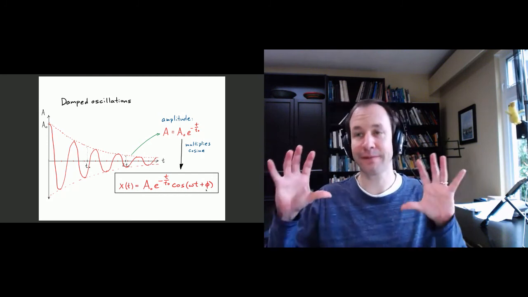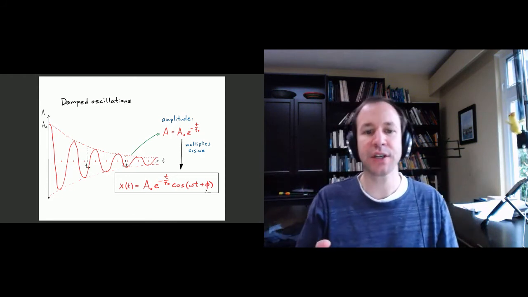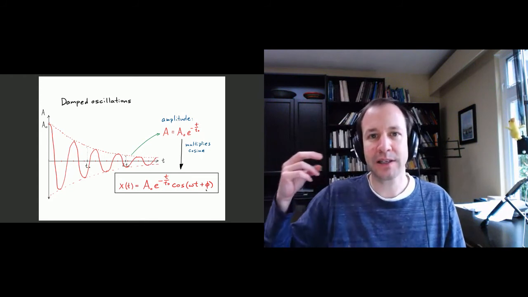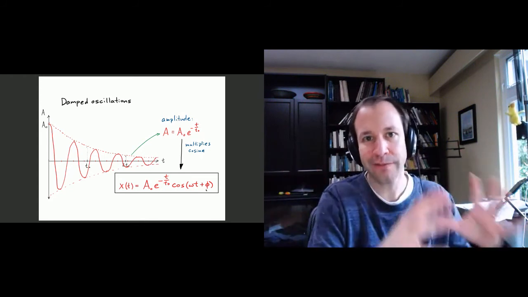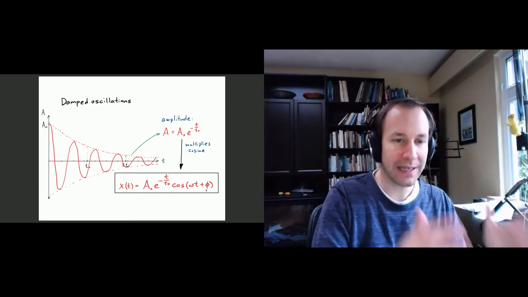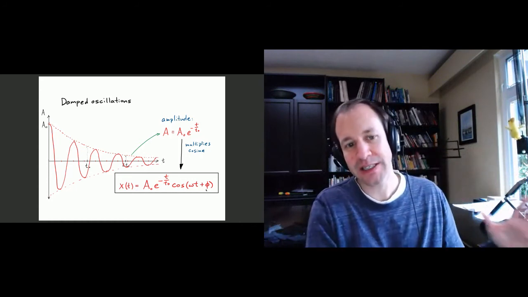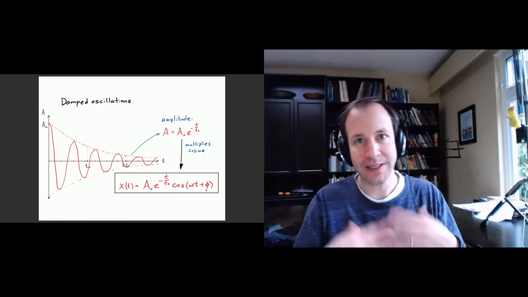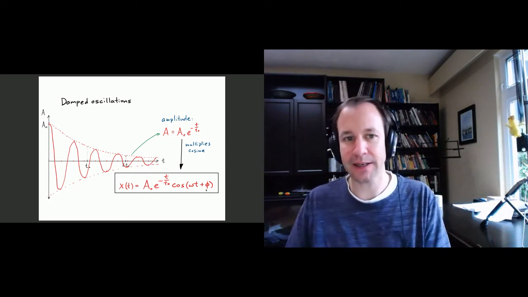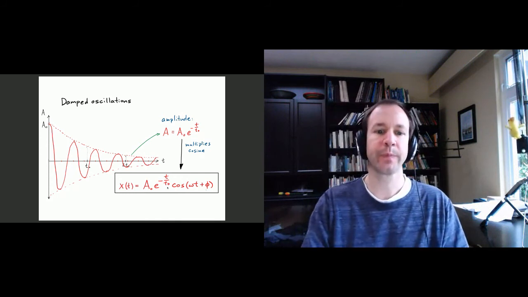That is the final expression, the mathematical representation of damped oscillations. This was assuming that we lose a certain fraction of our energy every equal period of time. So if we lose 10% of our energy in 1 second, then we lose another 10% in the next second, and another 10% in the next second. That was the assumption that went into getting this expression.